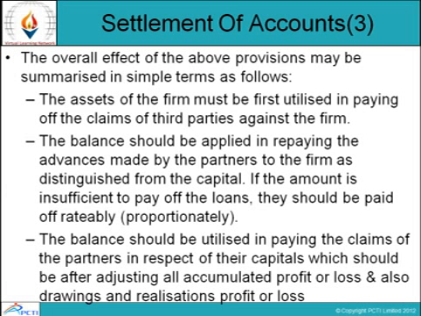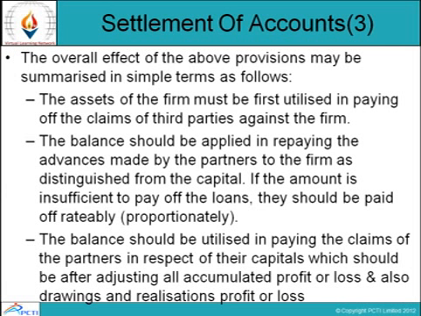Settlement of accounts 3. The overall effect of the above provisions may be summarized in simple terms as follows. The assets of the firm must be first utilized in paying off the claims of third parties against the firm. The balances should be applied in repaying the advances made by the partners to the firm as distinguished from the capital.